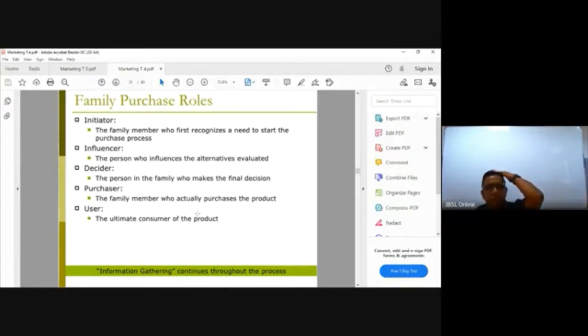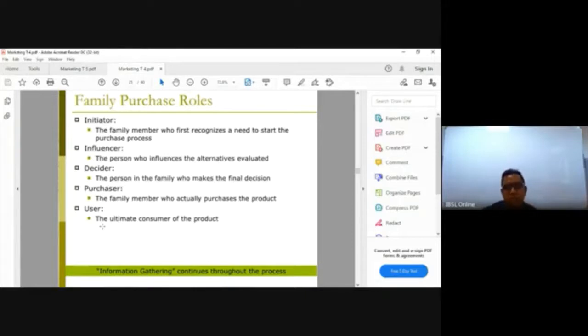The father will start doing some searches, evaluate alternatives, and finally purchase the product. The other role in the family is the user, the ultimate consumer of the product. The users of a car will be father and mother. If it's a television, it may be mostly children and the entire family. So in a family buying situation, there are initiators, influencers, deciders, purchasers, and users.